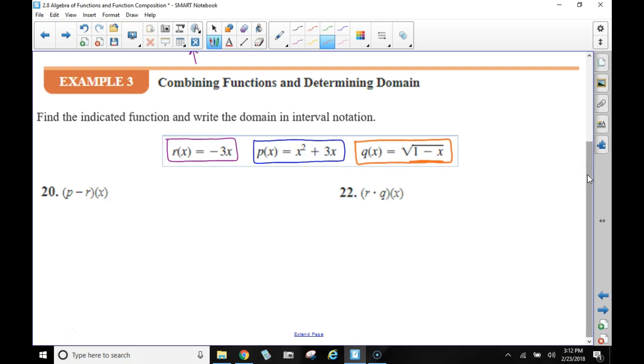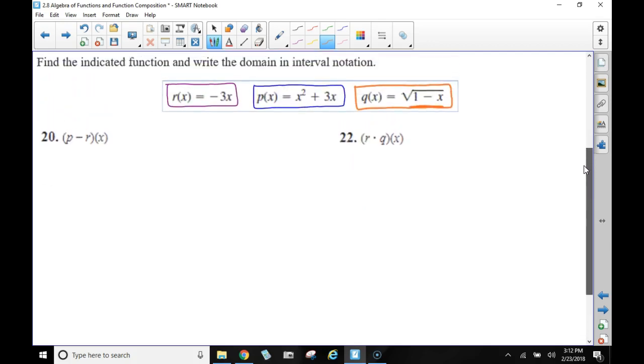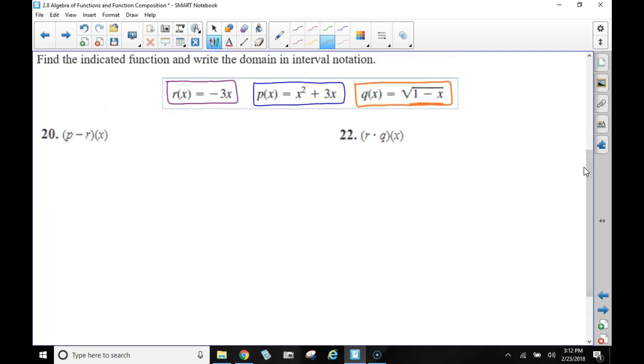So on number 20, it says to find the indicated function and write the domain in interval notation. Let me get some paper set up here. Okay. And so P minus R evaluated at x means to calculate P of x, and from that we are going to subtract R of x. Now you notice it just says of x on each of these, and so there's really no number crunching to do.